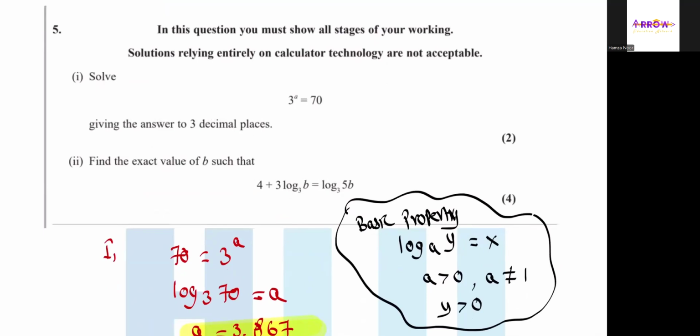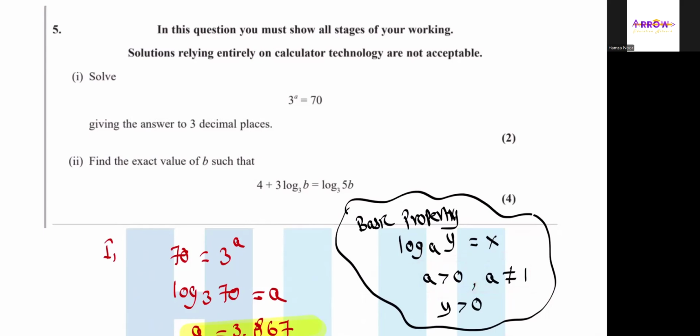The argument can be equal to 1, meaning y can be equal to 1. That's not a problem. When the argument is 1, whatever the base of the log is, the whole outcome becomes 0. So an argument of 1 is acceptable, but as far as the base is concerned, the base is positive and should not be equal to 1.